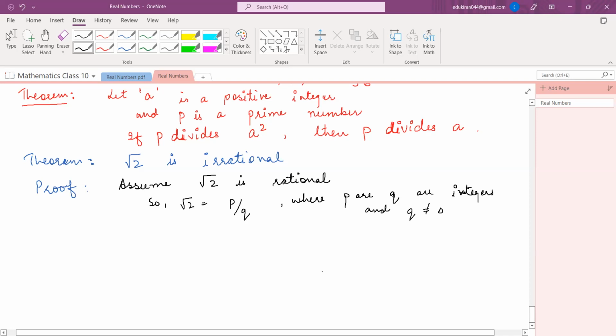Right? Now, what we will do is, first of all, we will reduce it to the least form. It can be a number like this, p by q. Yes, Hamna, are you there? Yes, ma'am. Okay, so p by q can be like this, isn't it? It can be 14 by 6. It can be like this. So first of all, we will reduce it to the minimum value. We will make it 7 by 3, like that.